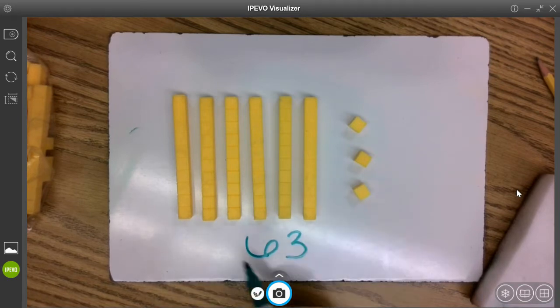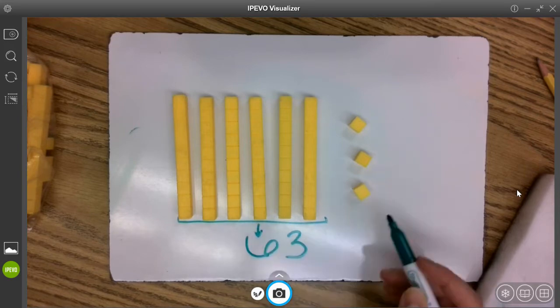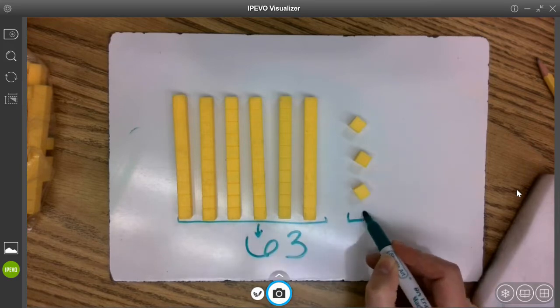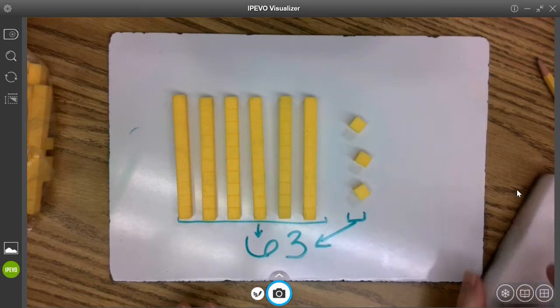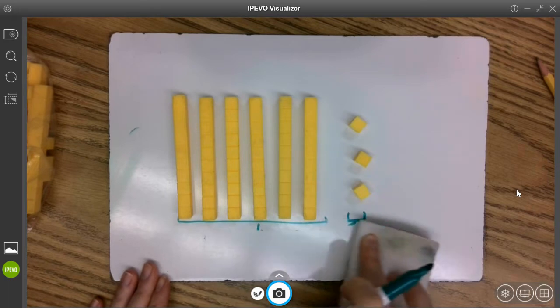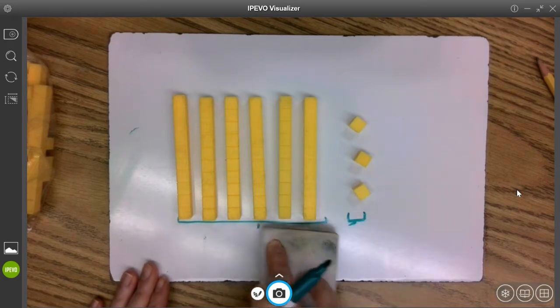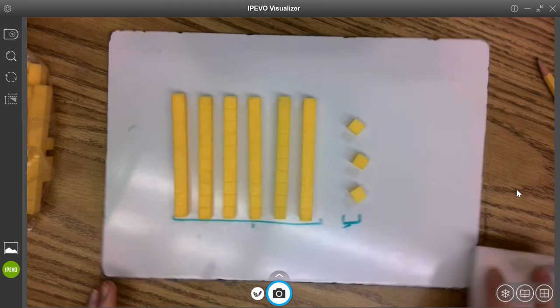That is the number. I have 6 tens and I have 3 ones. Okay, 63. Now, if I wanted to have 10 more, again, would I worry about the ones?